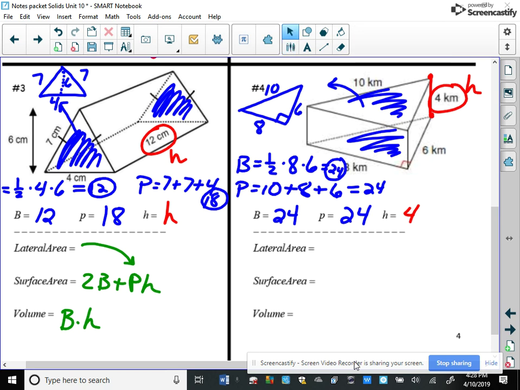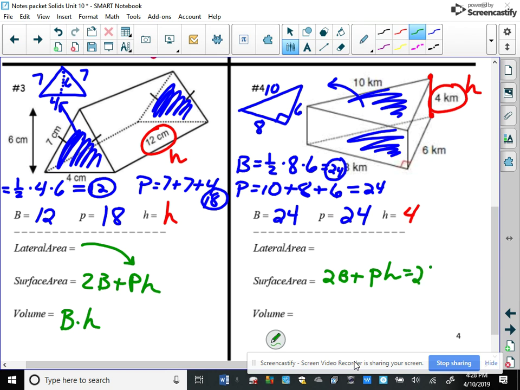Now, even if you did not pause it, try to plug those numbers into the formulas and then come back and see how you did, okay? I'm gonna keep going here, but if you wanna pause and then come back to see if you did okay. All right, write the formula, 2B plus PH, and you plug those values in.